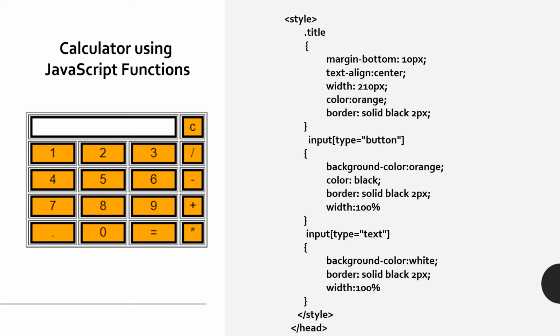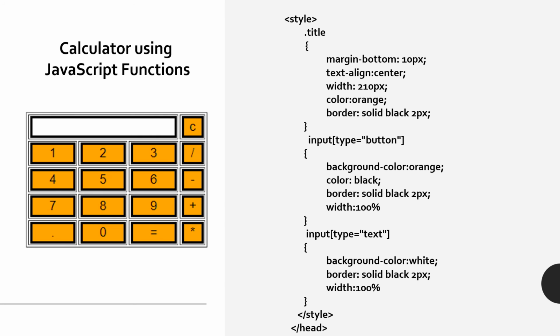Now we are planning to develop a calculator using functions. This is the format. What you have to do is first develop the structure of the calculator using a table and buttons.